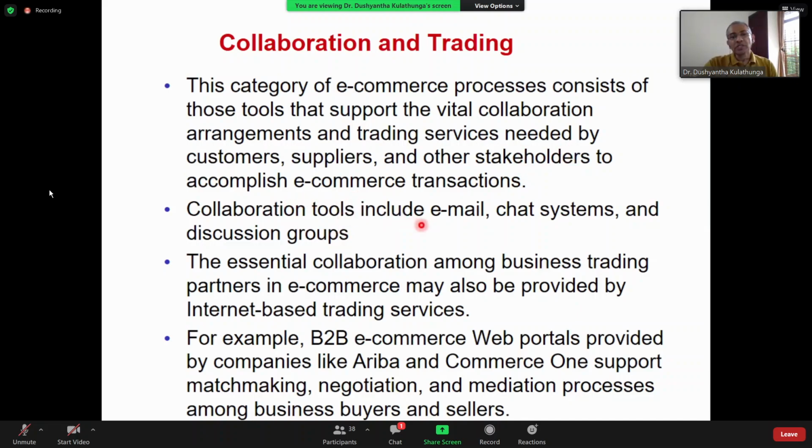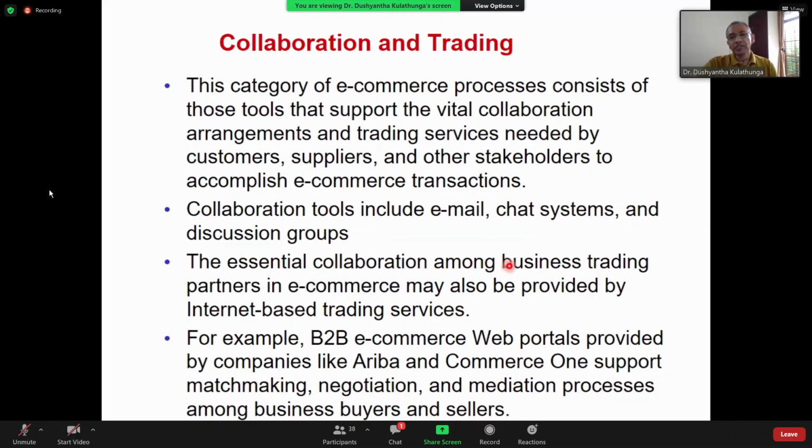Now, the collaboration tools include email, chat systems, and discussion groups. Different collaboration tools can be utilized depending on the organization and the interactions made. So email, even SMS, chat systems, discussion groups, those can be utilized.